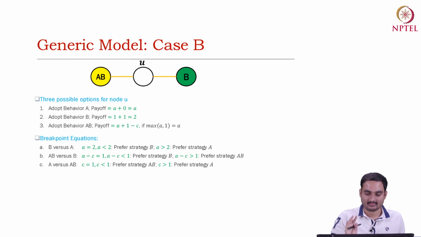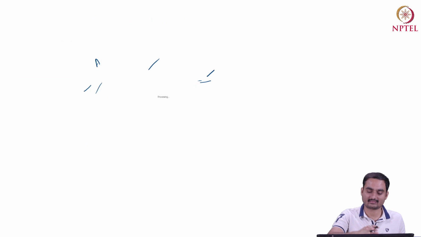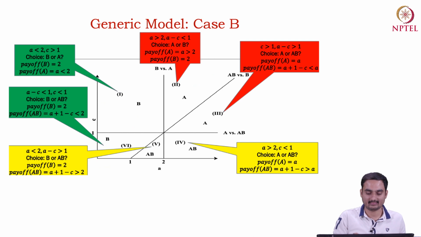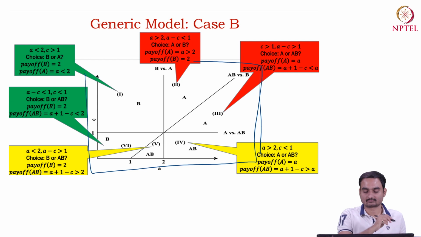this space diagram. Similarly, if you look at case B, where this is AB, this is B, earlier it was A, now this is AB, this is B, and you are choosing the strategy for you. The same way, I am not deriving it, but the same way, if you do this, you will see this kind of space diagram, where here you will see 6 regions, but here things are a little different.